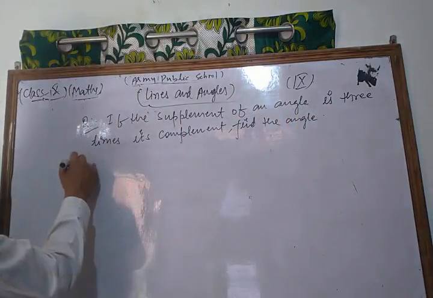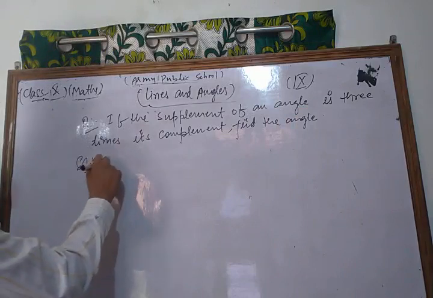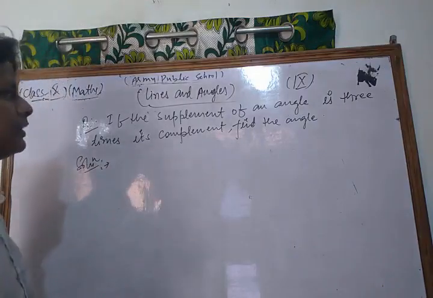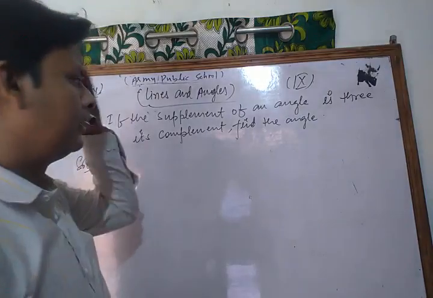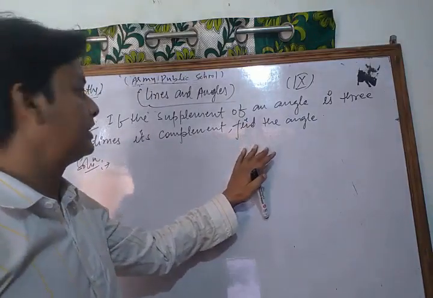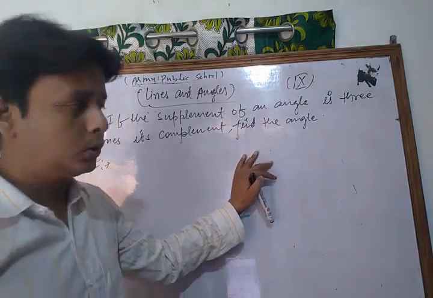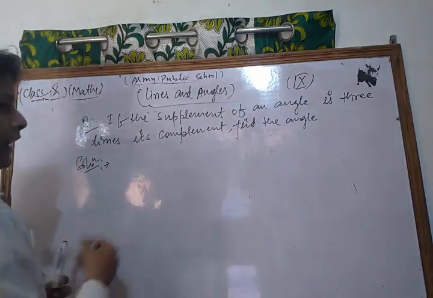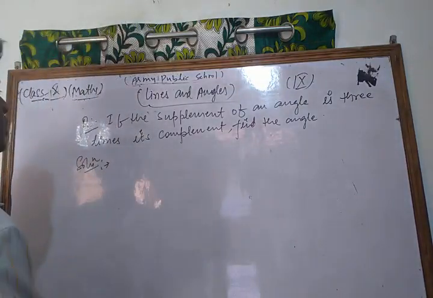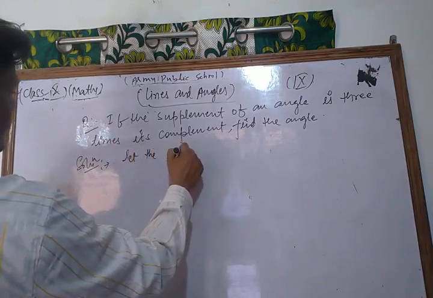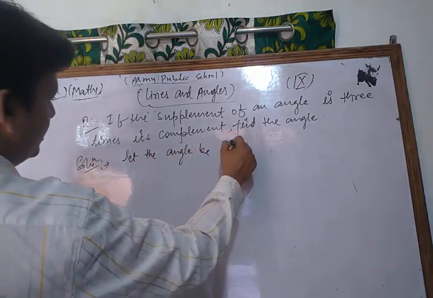Now let's see its solution. According to that question, if the supplement of an angle is three times its complement, find the angle. So first of all, let the angle be x.